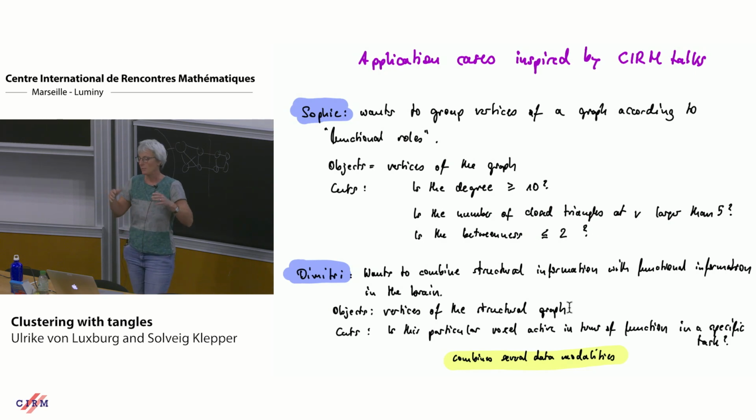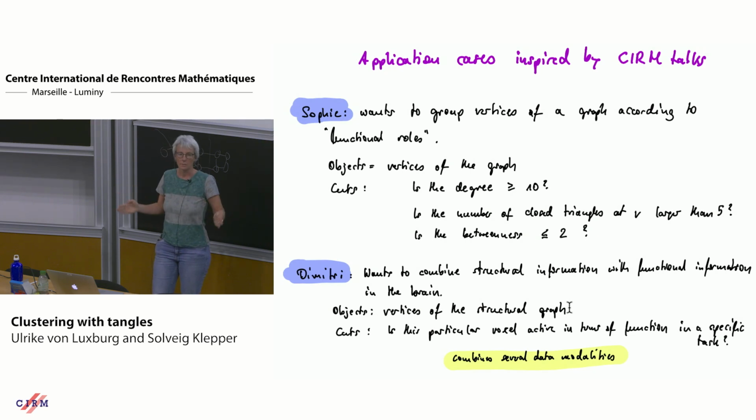I don't know whether this would be a useful question, but say I have this fMRI data where people needed to grasp some objects, and you could ask: was that region in the brain active when they performed this task, yes or no? And then you ask for a different task. You look at your functional data and try to ask meaningful questions about this data. And again, you get cuts, and then you can do tangles.